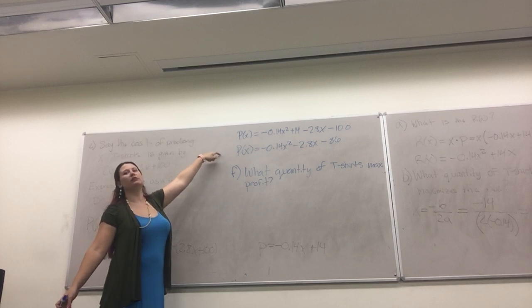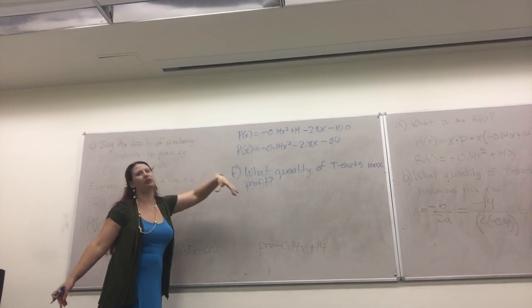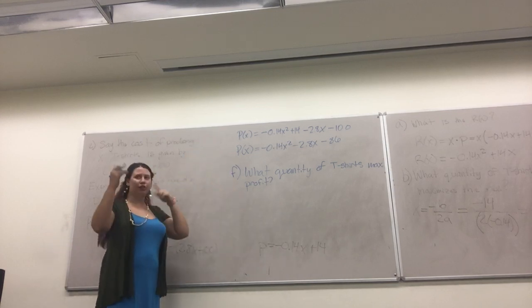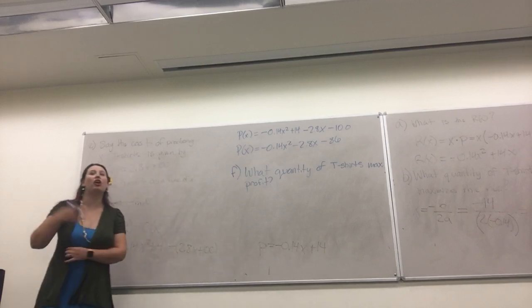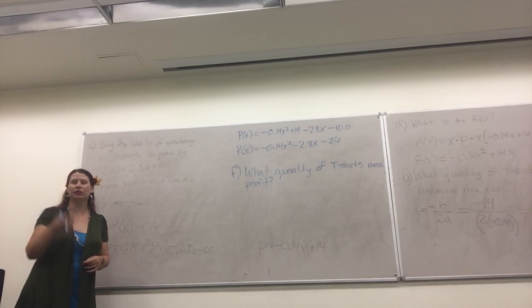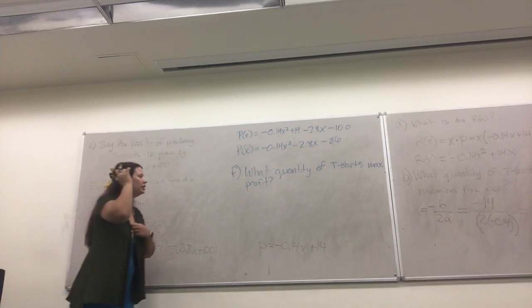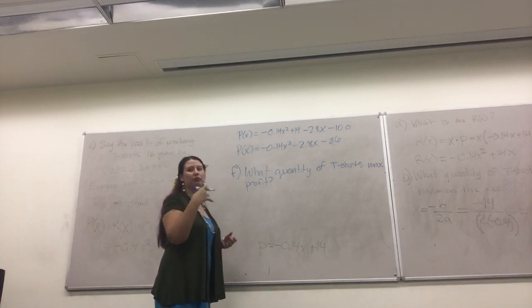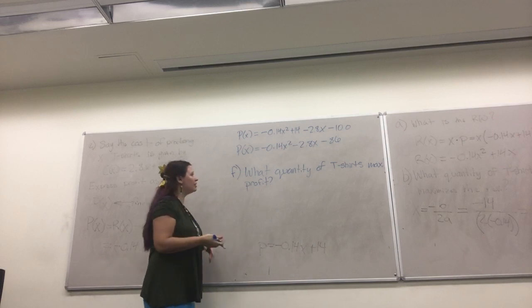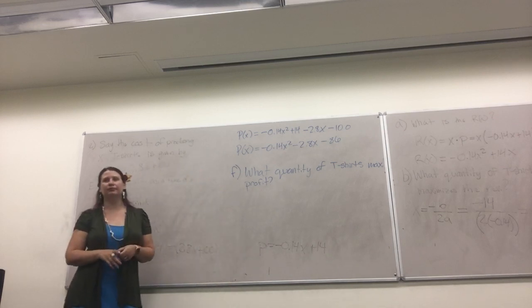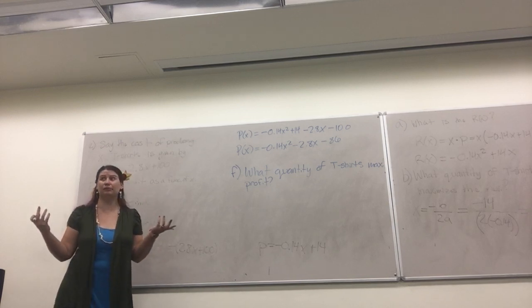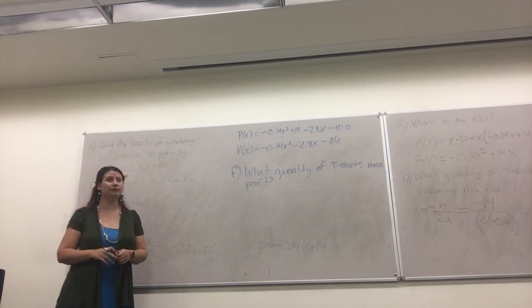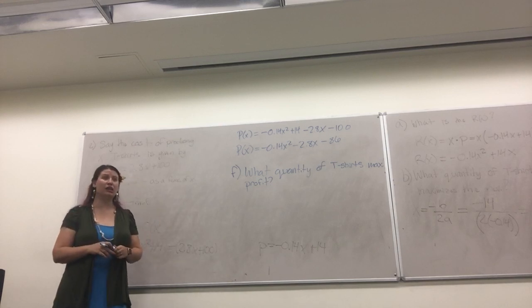Parabola, facing which way? Down, so it has a maximum. All thoughts that you should have. You maybe don't have to go through the steps each time, but the thoughts are important to at least kind of be there subconsciously that it is a downward facing parabola. So that means we can find a maximum, because not all the time. They might ask you for maximum and then there is no maximum or something, right? Yeah, it would be no solution in that case.